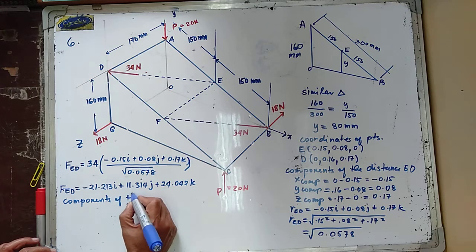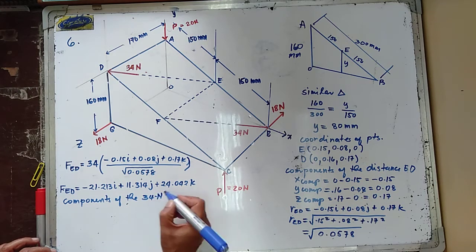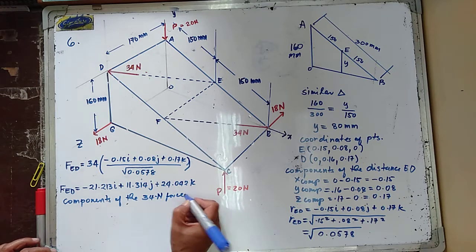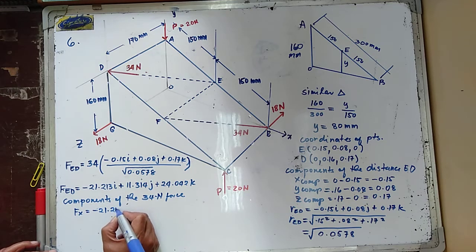So we now have, let's try to determine now the components of the 34 Newton force. So your Fx is now equal to negative 21.213 newtons.